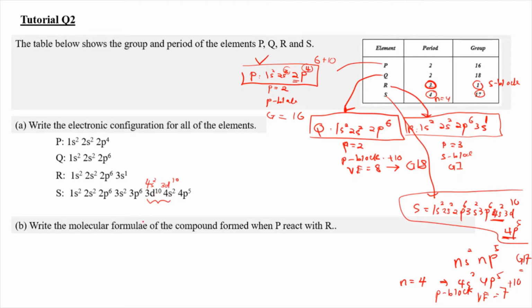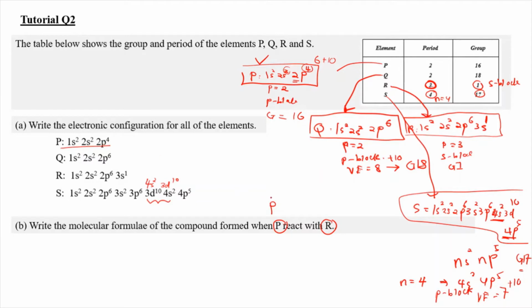Okay, and then for B, we're going to write the molecular formula for the compound formed when P reacts with R. So we need to find the molecular formula. So you know that it can form an ion. For example, 2p4, in order to become stable, it needs to become 2p6.